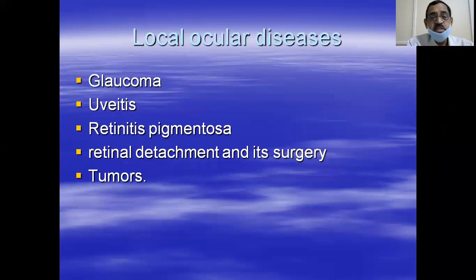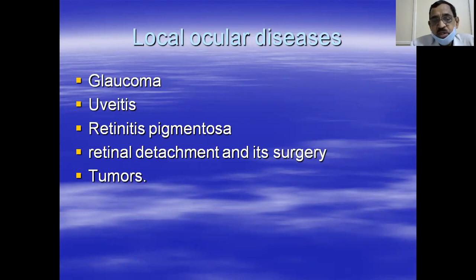Local ocular diseases which cause cataract are glaucoma, be it an angle closure glaucoma or an open angle glaucoma, uveitis, iridocyclitis, or a pars planitis. All these things may give rise to a complicated cataract.